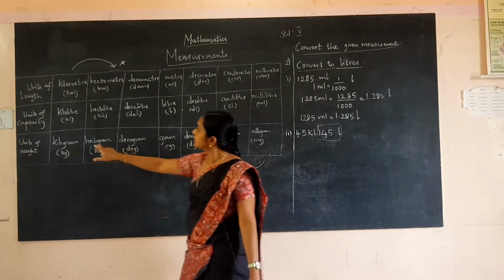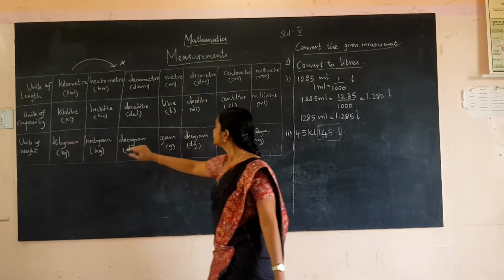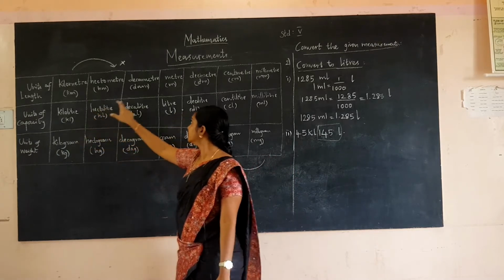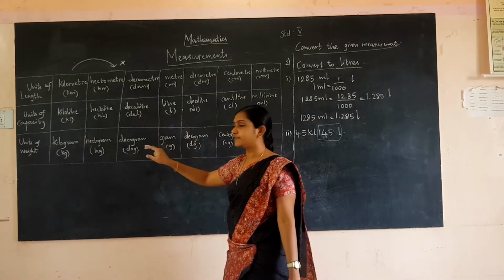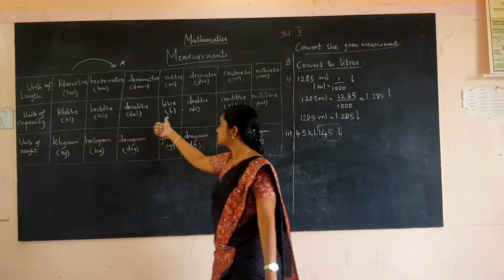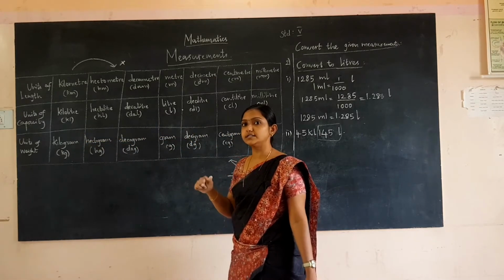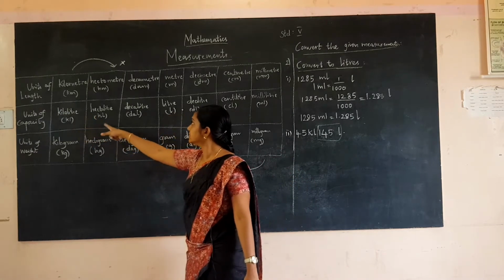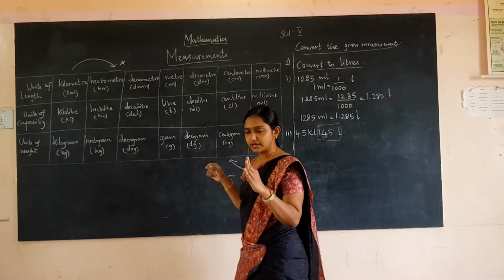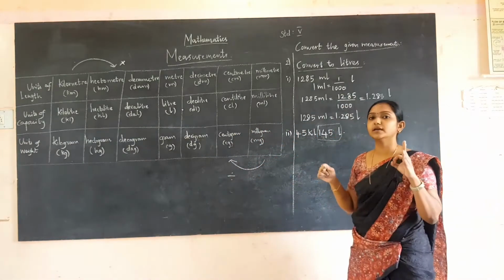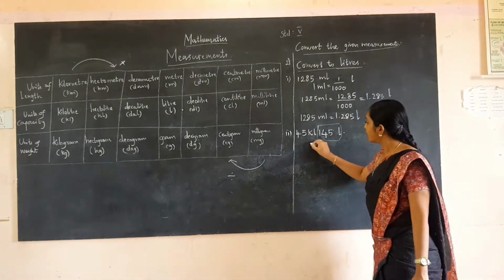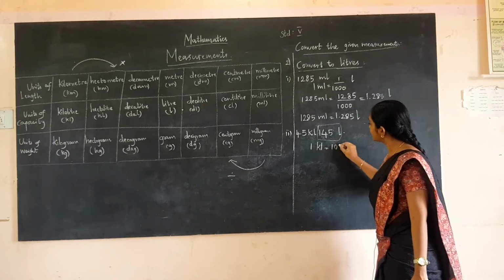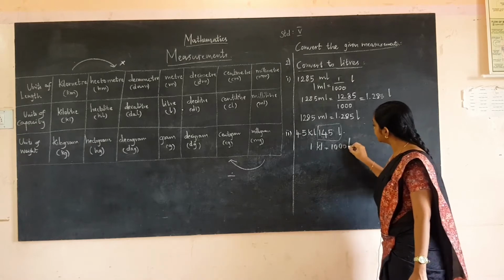We are going to convert kiloliter to liter. We are moving from left to right and we are converting from larger unit to smaller unit. So, we have to multiply. We are moving 1, 2 and 3, so 3 places. So, we have to multiply it by 1000. 1 kiloliter is equal to 1000 liter.